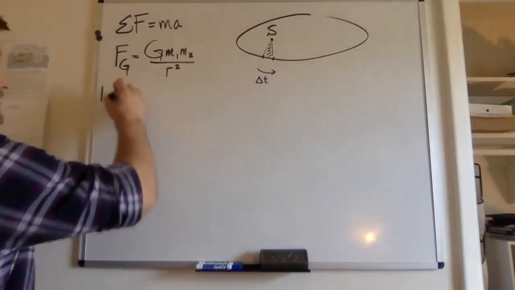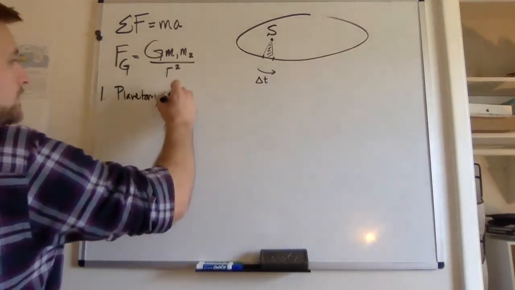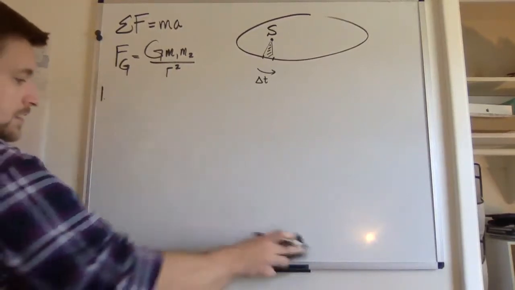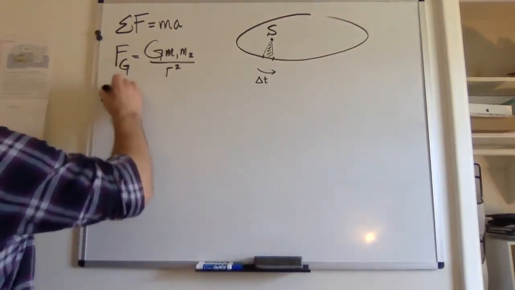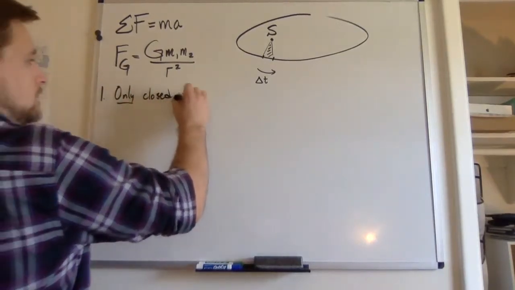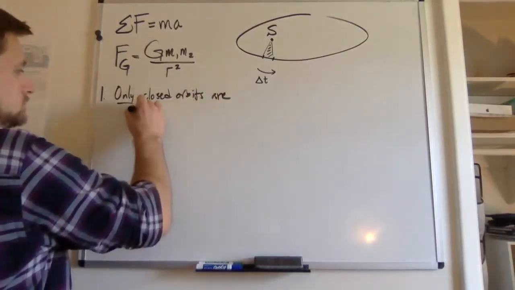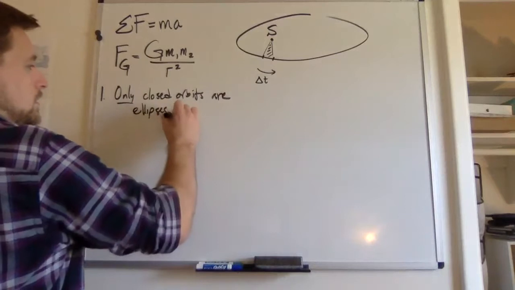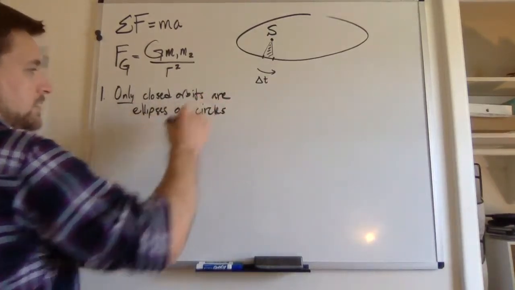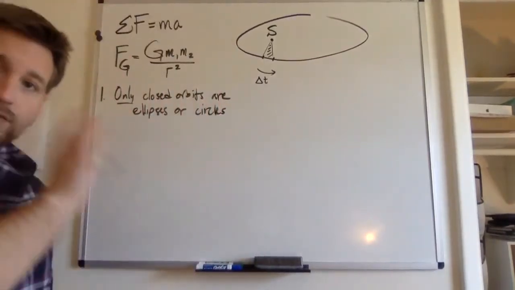The first of Kepler's laws, that planetary orbits are ellipses. Newton was able to show, with a whole bunch of calculus and differential equations and things that we're not going to go into.